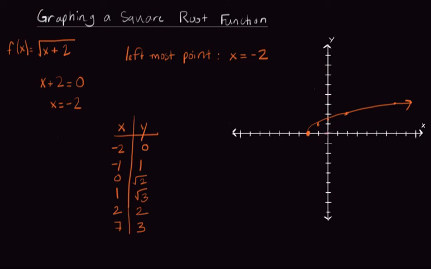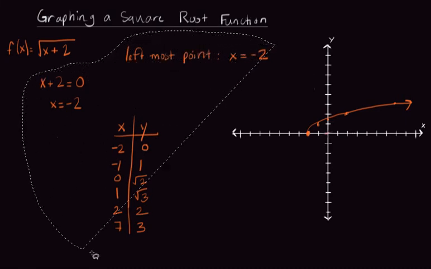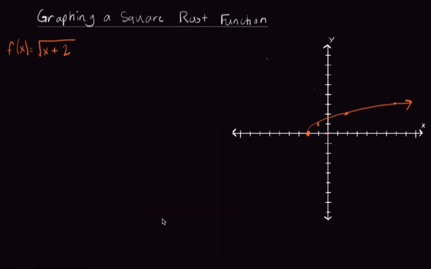So let's go ahead and try another graph similar to this. I'll go ahead and leave this part up. So let's try f of x is equal to the square root of x minus 1, plus 3.